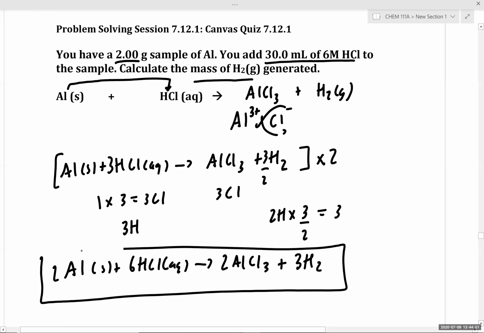So now that we have the following equation, I'd like you to take your provided quantities of each reactant, and I'd like you to calculate the mass of hydrogen generated. So let's spend about another 4 to 5 minutes calculating the mass of hydrogen generated.